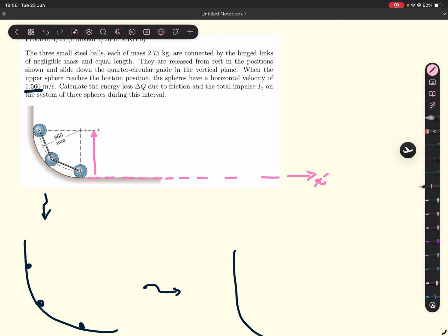Okay, so this first position over here, that's going to be 0.36 meters, and then you have to do some weird trick to try and find this over here. What would that even be? I'm not gonna lie, I don't really, wait.